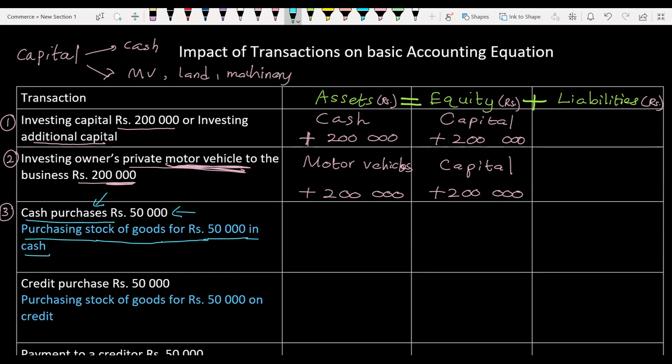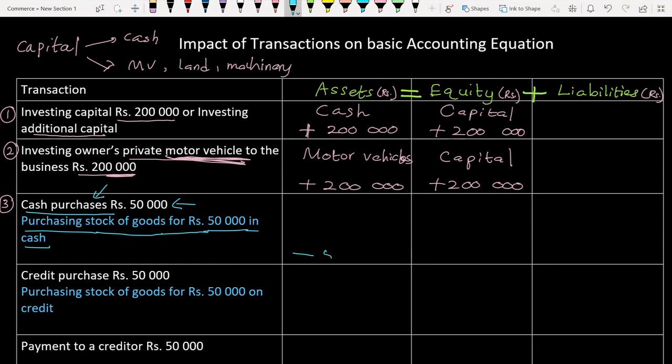So assets decrease by 50,000 because of cash. What is the other impact? Now, the business spends cash and in return the business purchases stock.